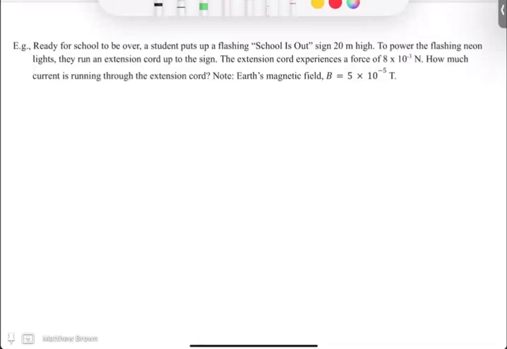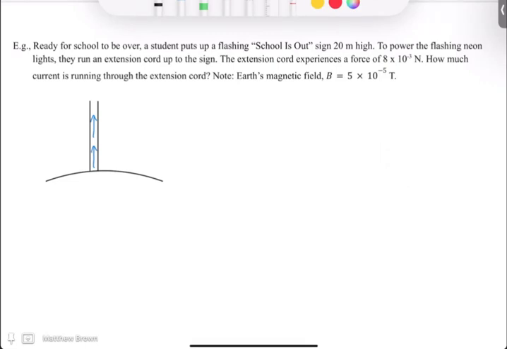Or let's take a look at this situation. It's hard to draw this. Okay, here's the ground that we're on. So we can imagine that we've got our current carrying wire going up to the sign, where we've got our current going this way.